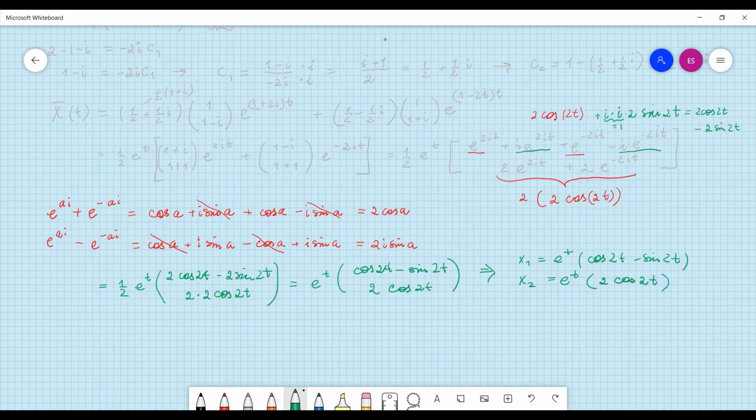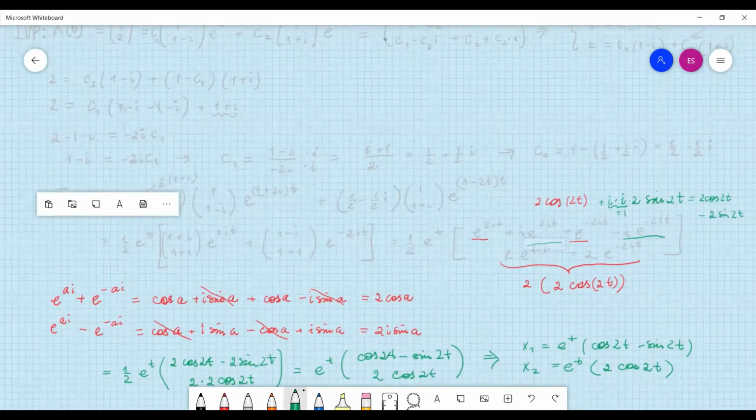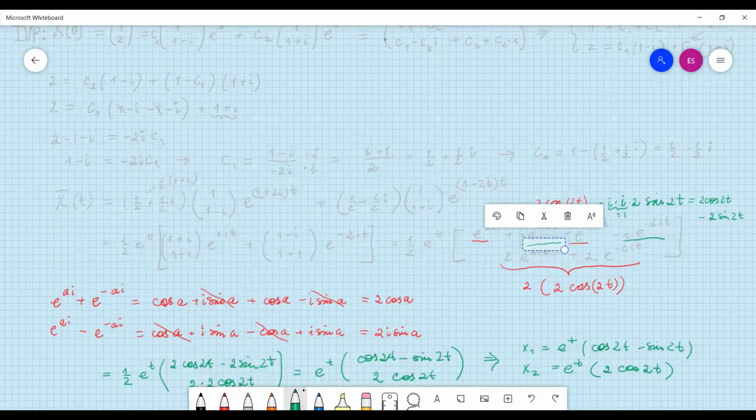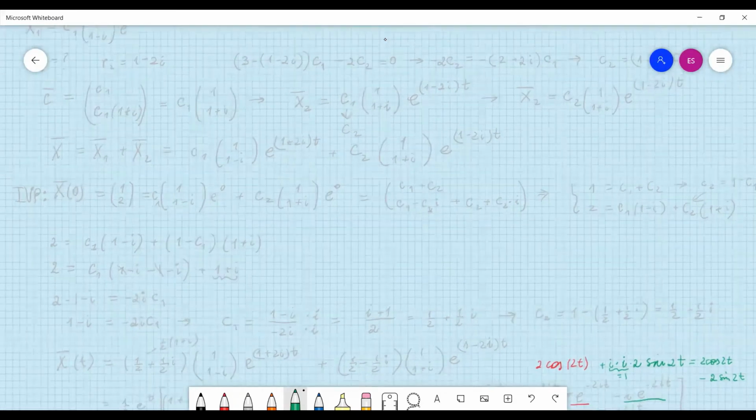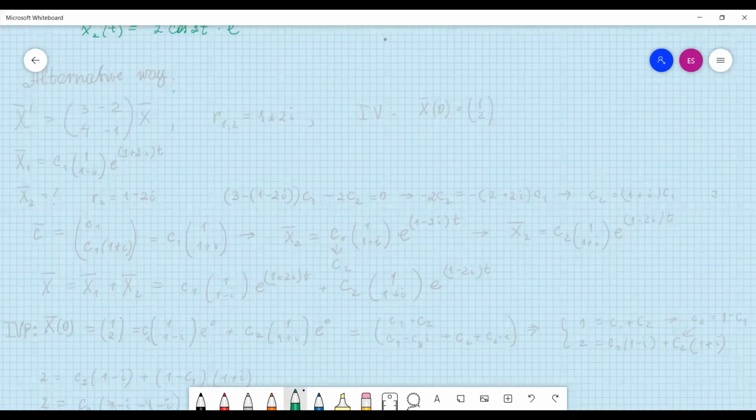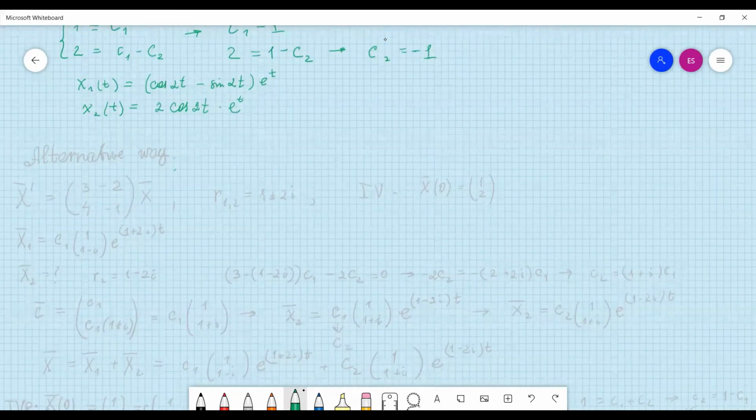Okay, now let's see if our solution before was the same. I'll need to scroll it down. Sorry, sometimes I touch something and it's trying to cut it out. Where it was. Not here, not here, not here. Yeah, there it was. Cosine of 2t minus sine of 2t times e to the power of t and 2 cosine of 2t times e to the power of t. You see, the solution is exactly the same.